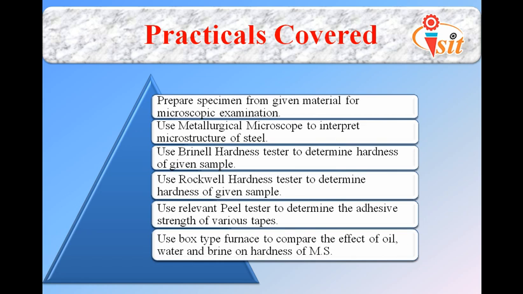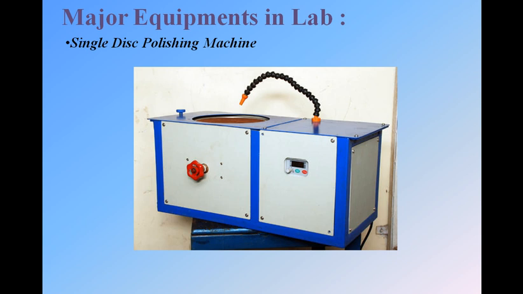So for these practicals we have major equipment in the lab. First, the single disc polishing machine. This machine can be used to prepare a specimen for microscopic examination. Our first practical is to convert the given specimen to a specimen which can be used for microscopic examination.